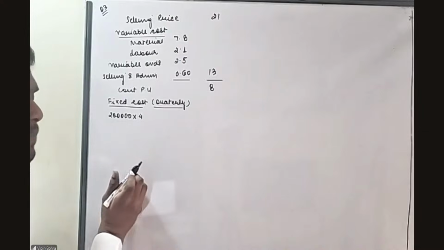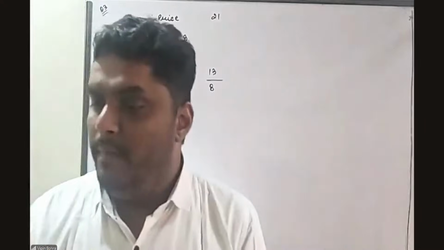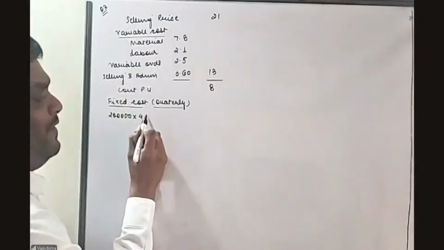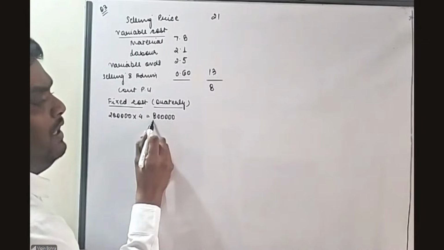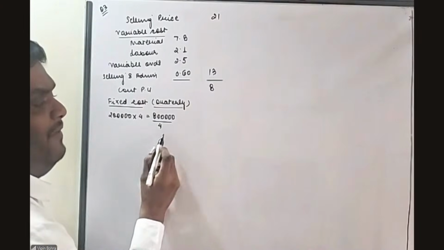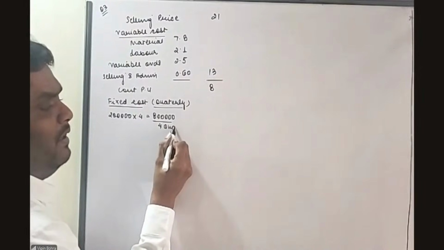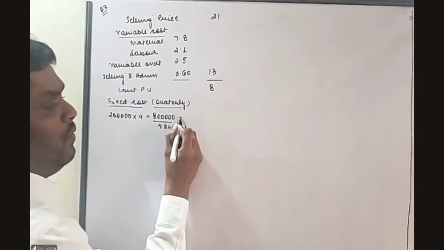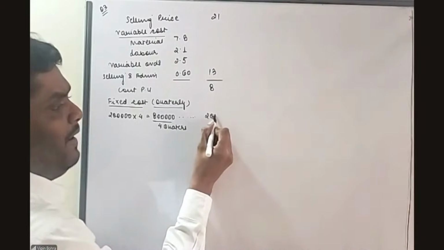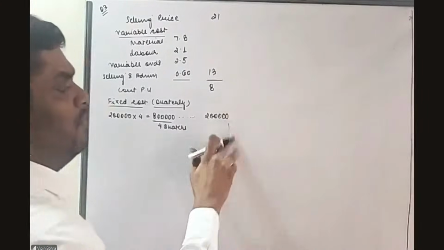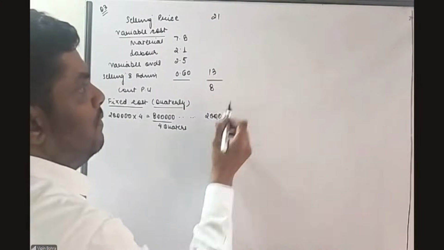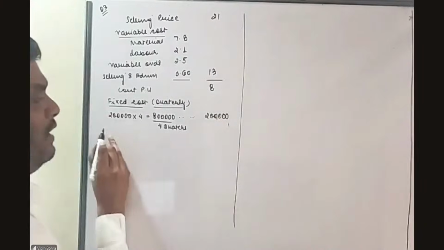The fixed cost is rupees 4 per unit. So the total fixed cost for the year is 8 lakh. And the quarterly fixed cost is how much? Divided by 4, since there are 4 quarters in a year. So the quarterly fixed cost is 2 lakh. This is my quarterly fixed cost.